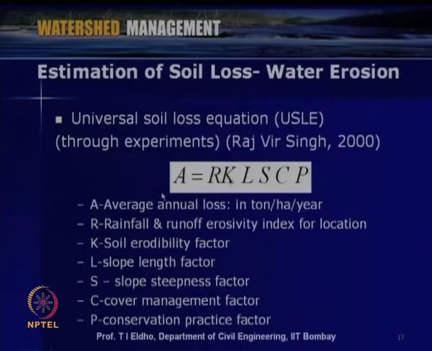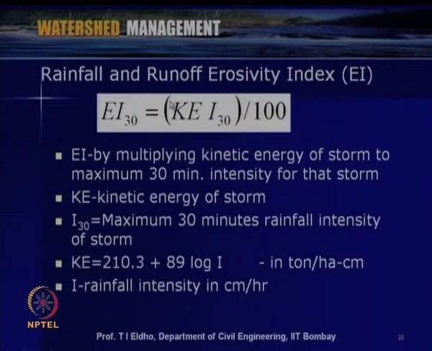Now let us see these various parameters R, K, L, S, C, P, with some relationships as defined in the book of Rajveer Singh. First is the rainfall and runoff erosivity index, which can be expressed as EI30 = KE × I30 / 100, where EI is obtained by multiplying the kinetic energy of the storm by the maximum 30-minute intensity for that storm.